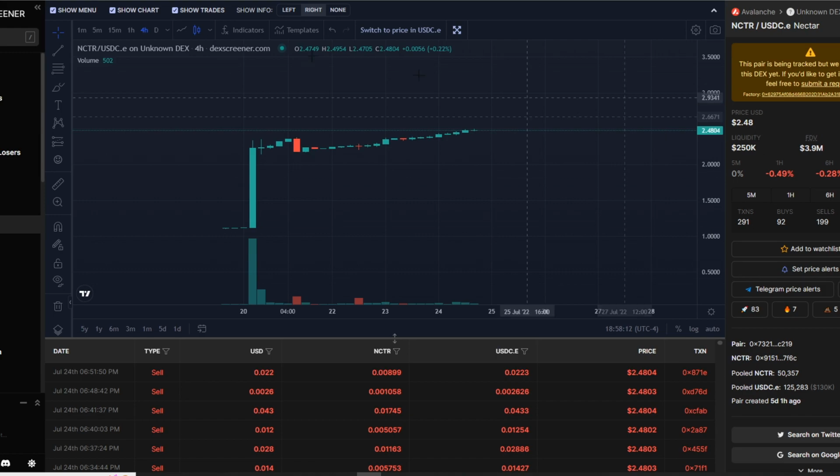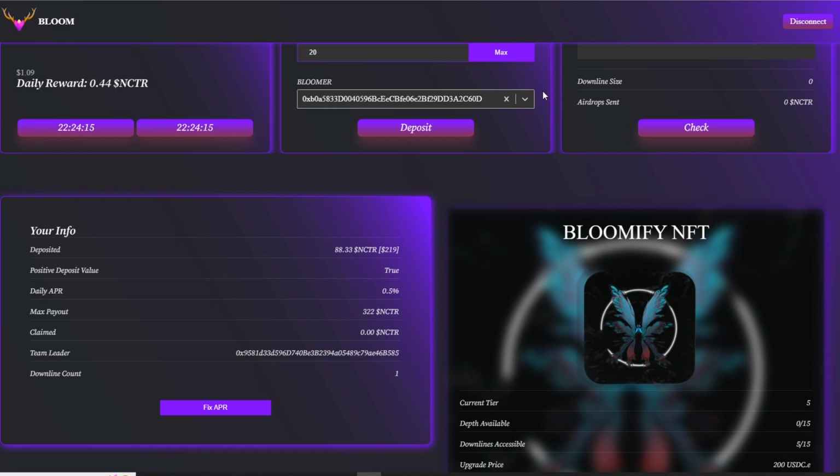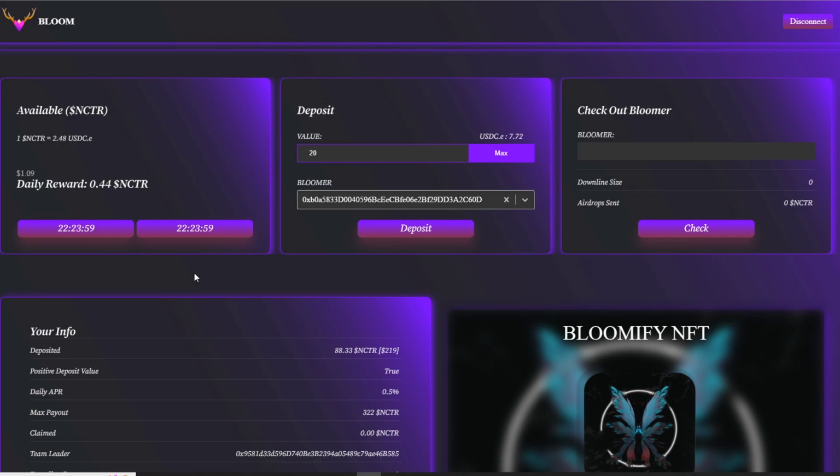So we would be looking at something around $700 to $800 for my max payout. Now, of course, I can continue to invest more, which is going to increase my max payout because I've put more money into it. And also the fact that your compounding as well as your referrals are all going to contribute to your max payout calculation.